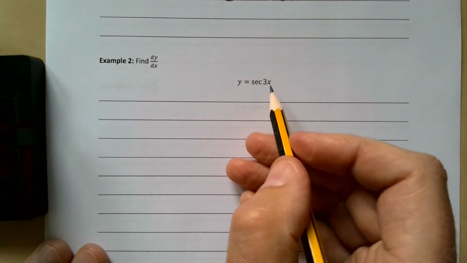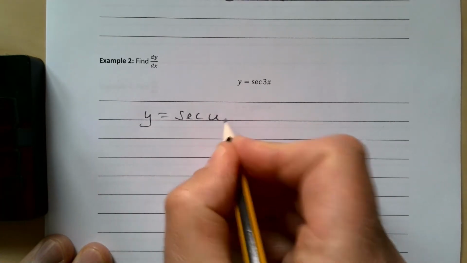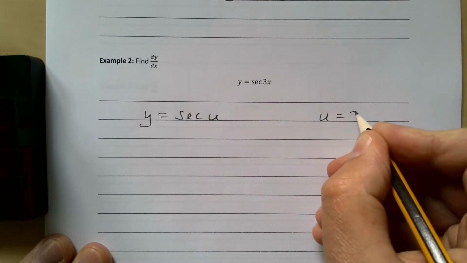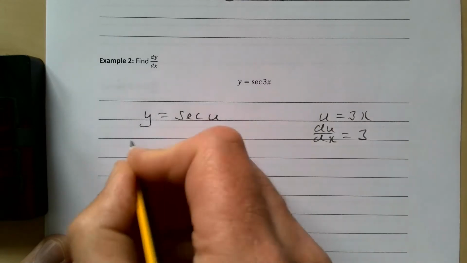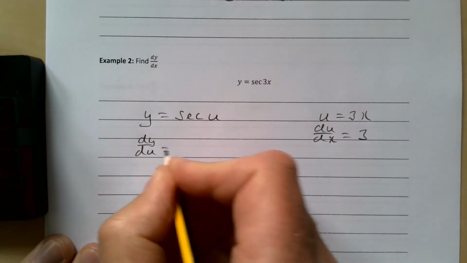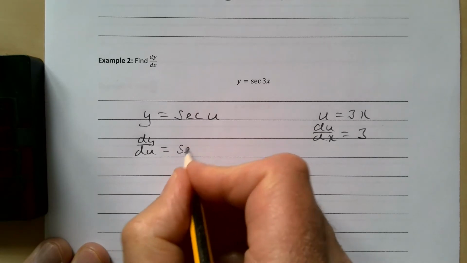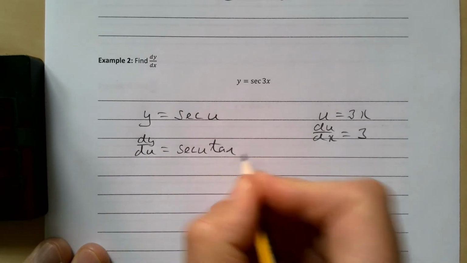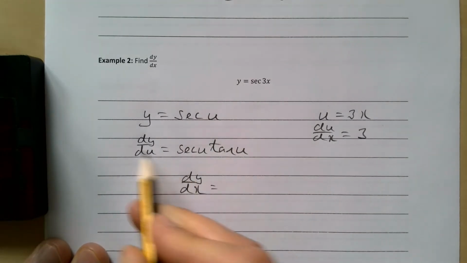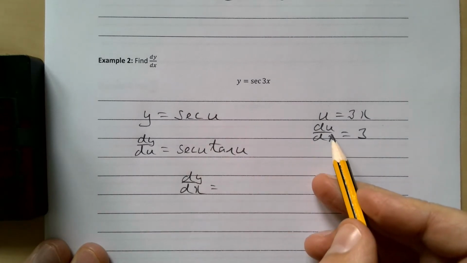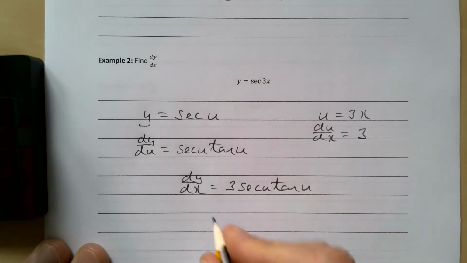y equals sec 3x. Same again. y equals sec u, because I'm going to let u equal to 3x. du by dx is going to give me 3. dy by du, so you might need to look back a couple of pages, but if you differentiate sec u, you get sec u tan u. dy by dx then is going to be dy by du times du by dx, so it's going to be 3 sec u tan u.